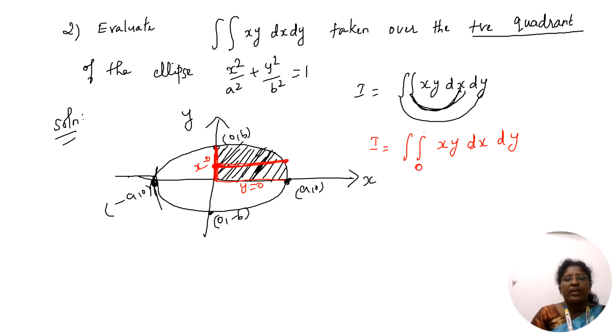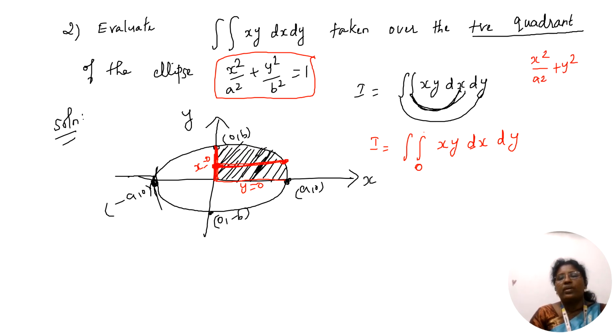Then to find the upper limit, the right end touches the ellipse curve. So from the equation of this ellipse, find the value of x, because we are finding the x limit. So the equation of ellipse is x square by a square plus y square by b square equal to 1. So x square by a square equal to 1 minus y square by b square.